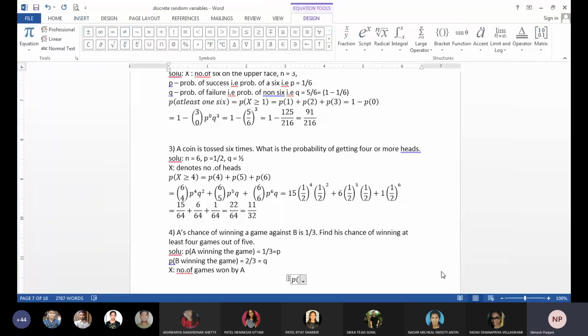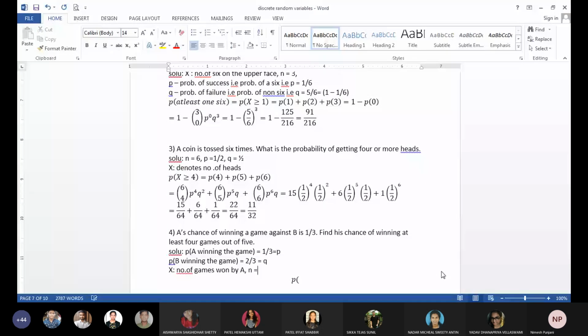What we have to find out? A winning at least 4 games out of 5. So what is your N? Before we go to the probability part, what is your N? 5. Good.